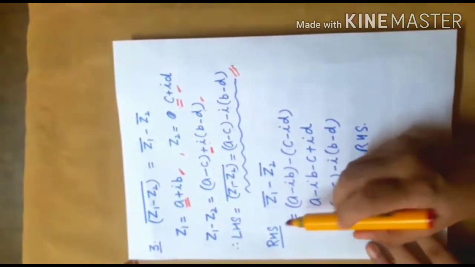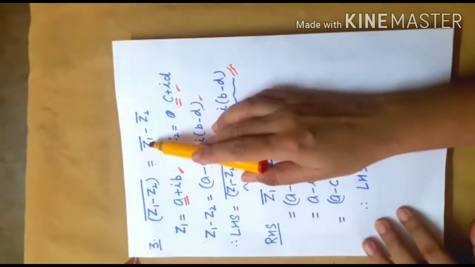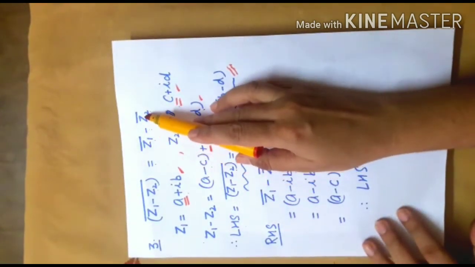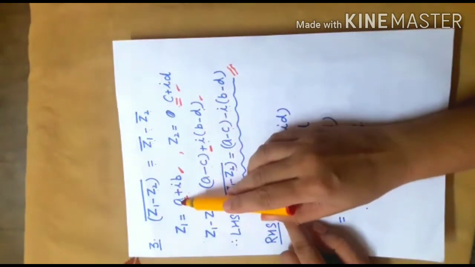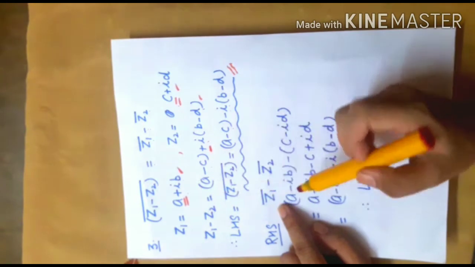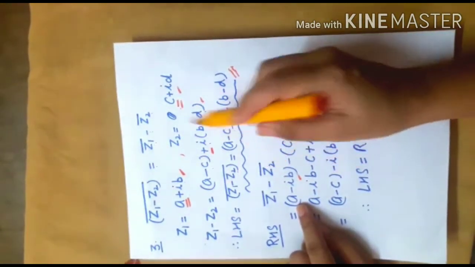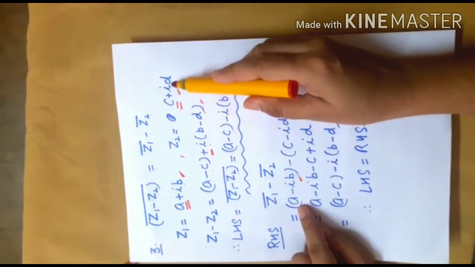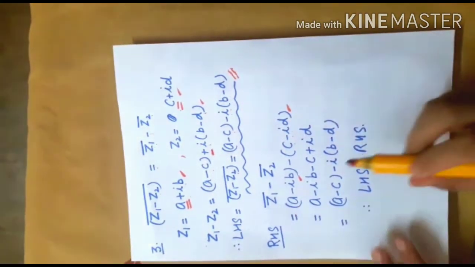Now coming to the right hand side. The right hand side is the conjugate of z1 minus the conjugate of z2. z1 is a plus iota b, so its conjugate will be a minus iota b. z2 is c plus iota d, so its conjugate will be c minus iota d.